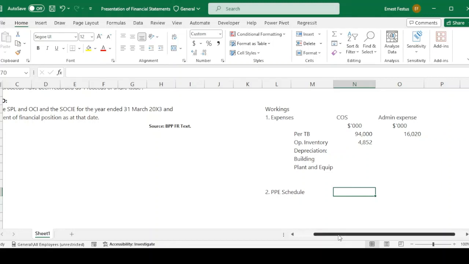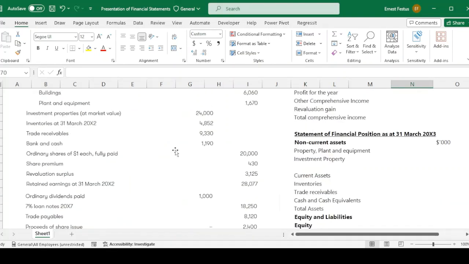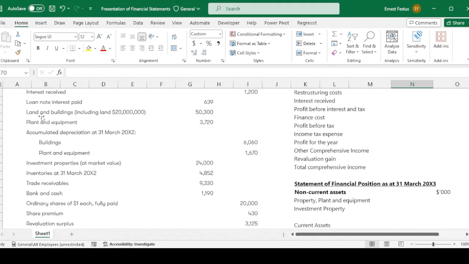So for our question, we have land. Let's go back and see. We have land and buildings, which are supposed to be separated because land is not depreciated, but buildings are depreciated. So we have to separate them within the PPE schedule.